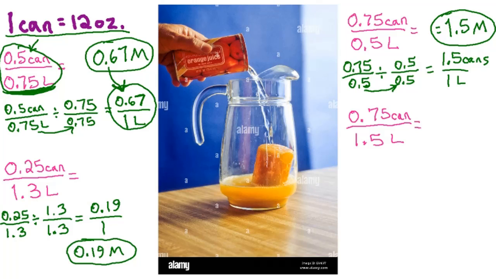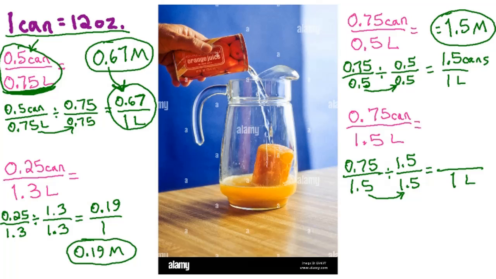Now let's do the bottom one. We have 0.75 cans again, but we used 1.5 liters. So if we take the 0.75 cans over the 1.5 liters of water, we divide both the bottom and the top by 1.5. 1.5 liters of water divided by 1.5 liters of water gives us 1 liter of water.